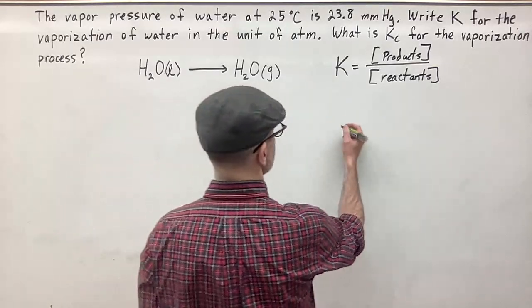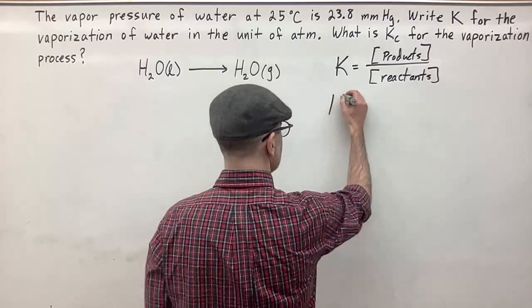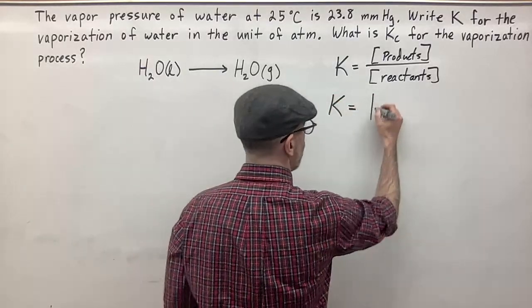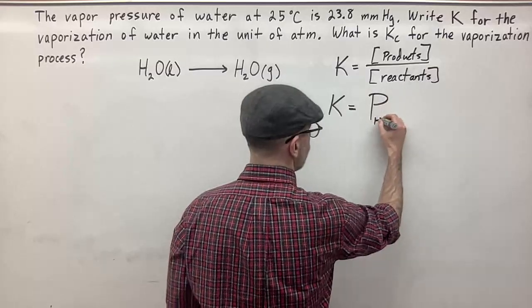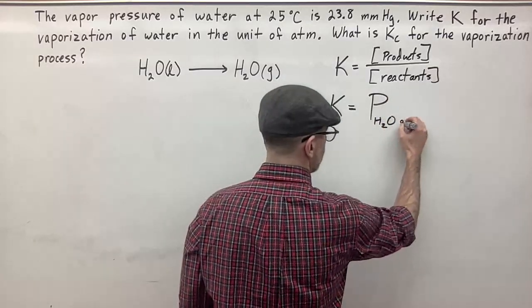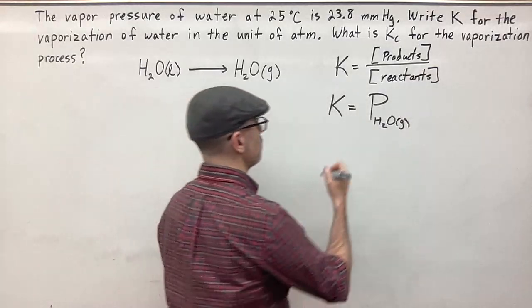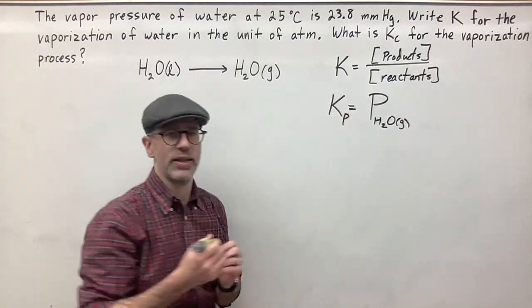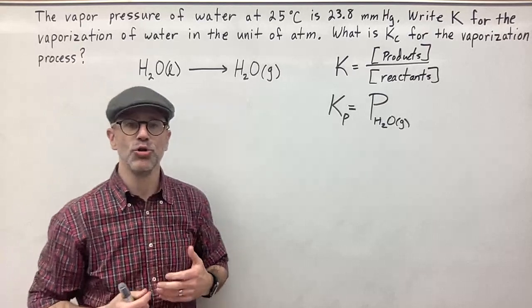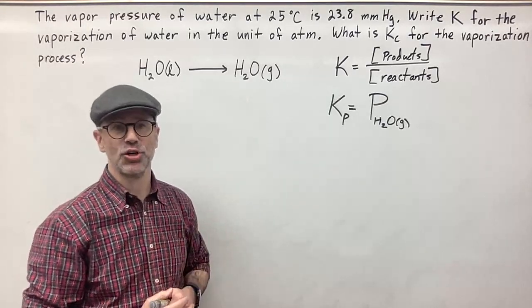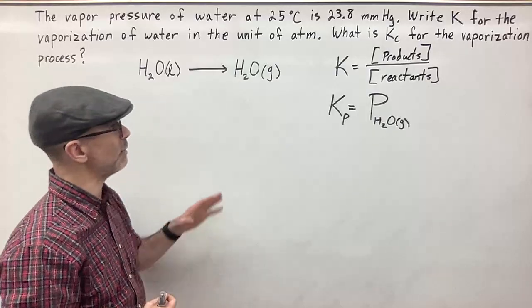And so in this equation, the K expression is basically going to be the partial pressure of water vapor, right? So this is going to be our Kp. That is why they're asking us to write this K value in terms of atmospheres.